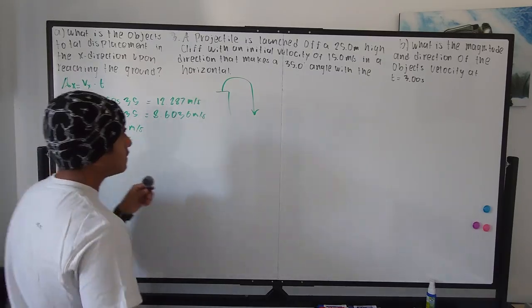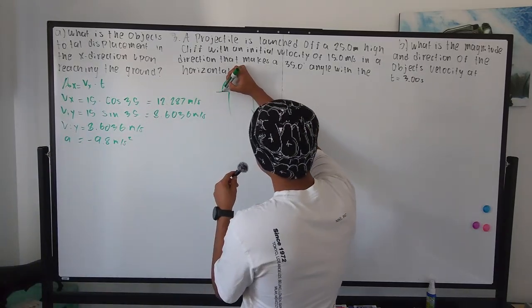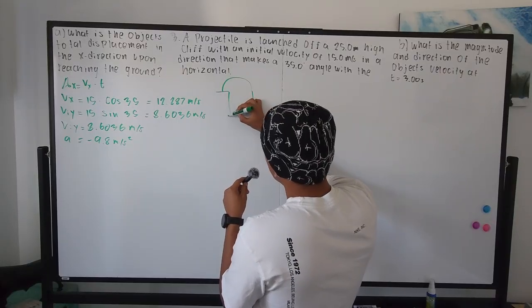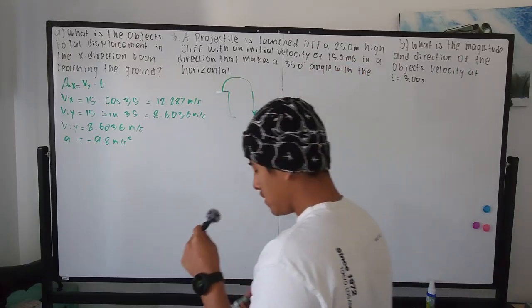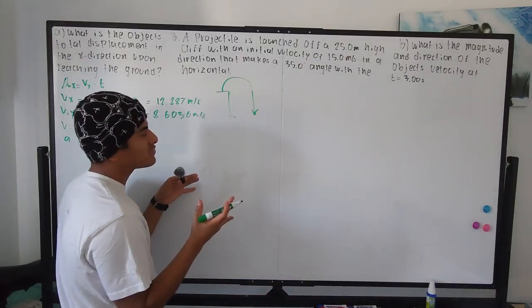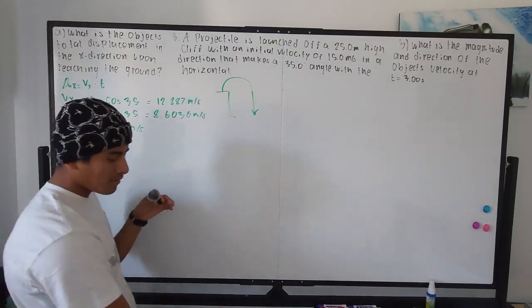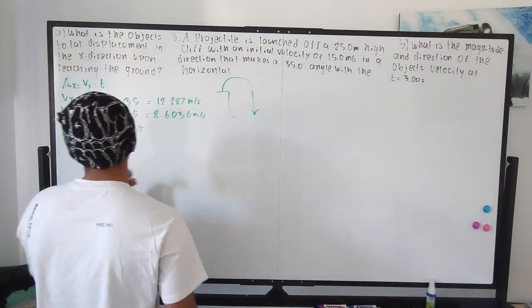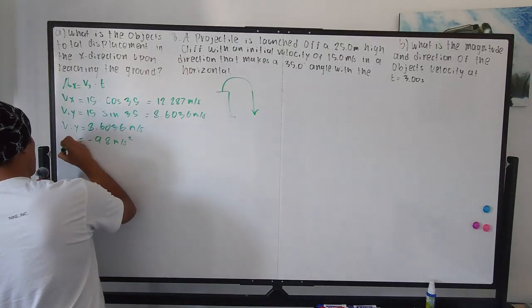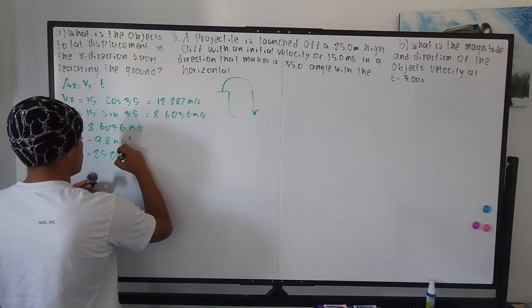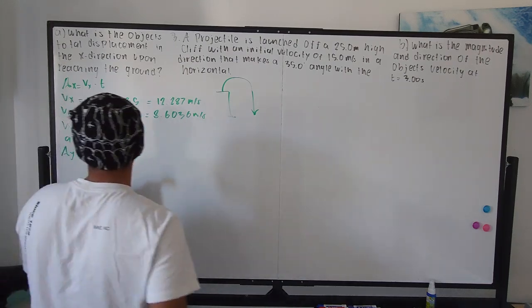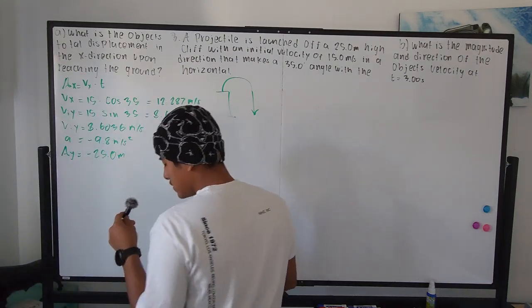And then our displacement, since it goes from here to here, and we know that the cliff is 25 meters tall, it's going to be traveling down. So it's going to be negative. So delta y is negative 25.0 meters, just like that. And now we're just going to solve for time.